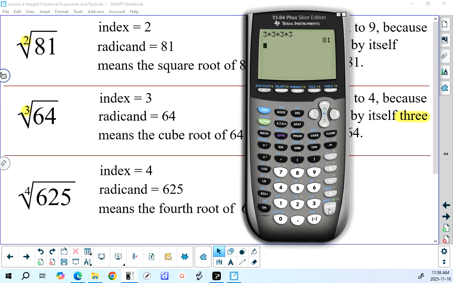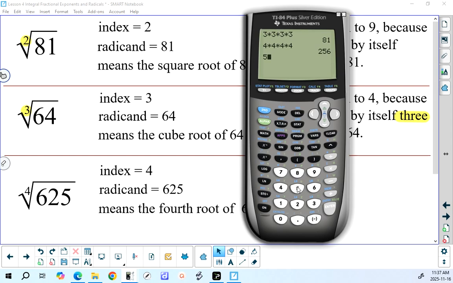But we're looking for the 4th root of 625. Maybe it's 4. 4 times 4 times 4 times 4. If you are good with your number rules for multiplication, you will see that when you multiply 4 by itself 4 times, you're not going to get a number that ends in 5. You're going to get an even number. So you get 256. So 4 is not the 4th root of 625. 4 is, however, the 4th root of 256.